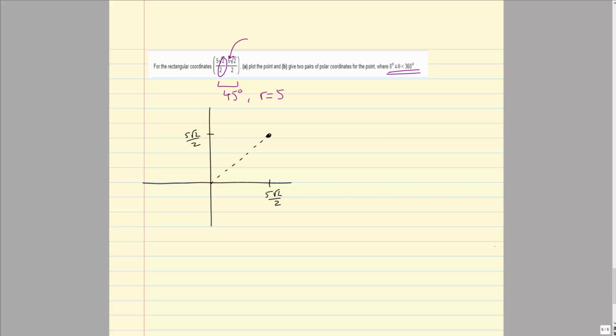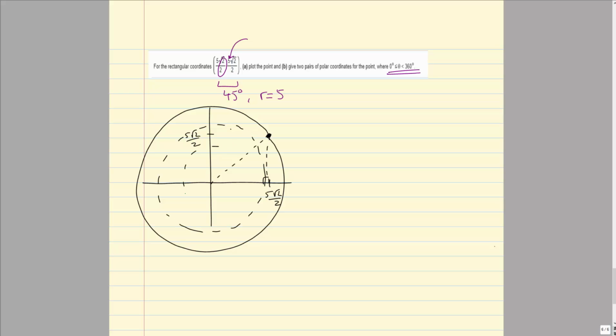And let's go ahead and sketch everything else in. Here's my triangle. Now in the polar coordinate system, that would be this circle, and there would be circles with radius 4, 3, 2, and 1. Okay, so that's how this would kind of relate to that.